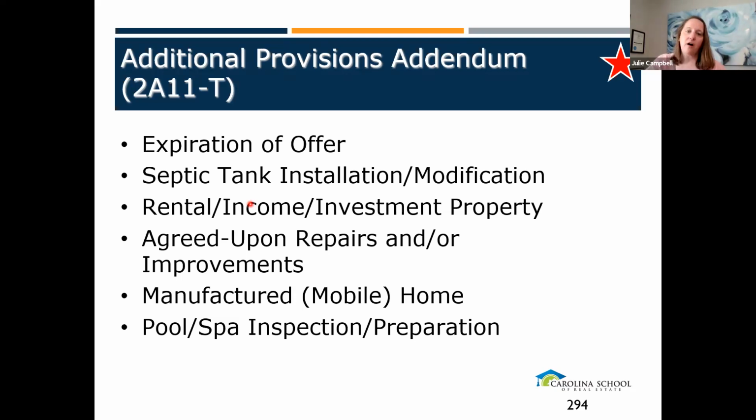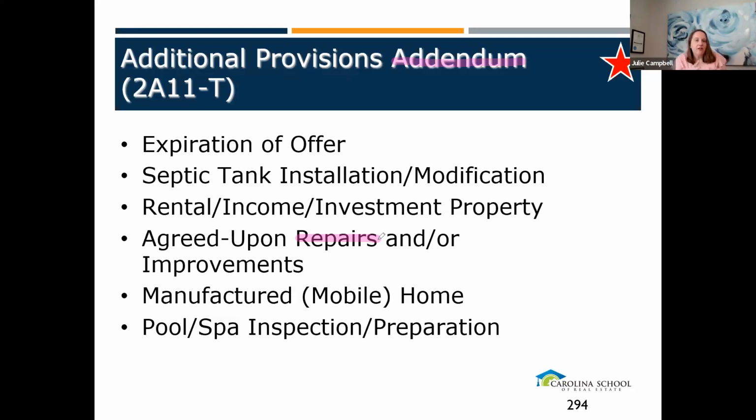There are also agreed-upon repairs or improvements. So let's remember a few things. First off, this is an addendum, which means we are including this when we present our offer. We could have a case where the buyer is asking for repairs at the time they present the offer.